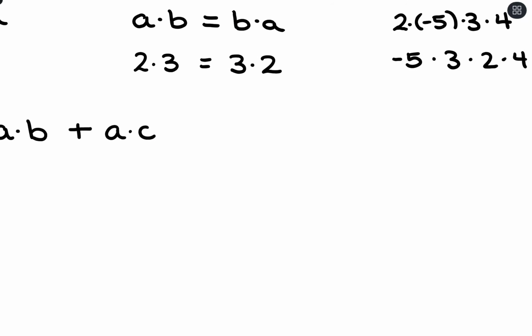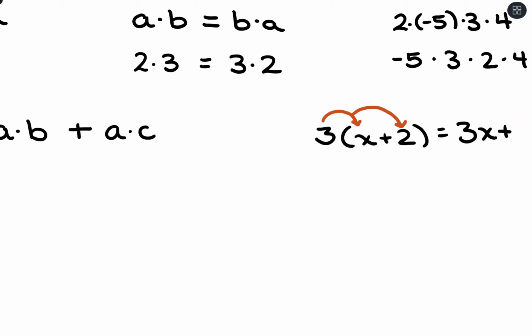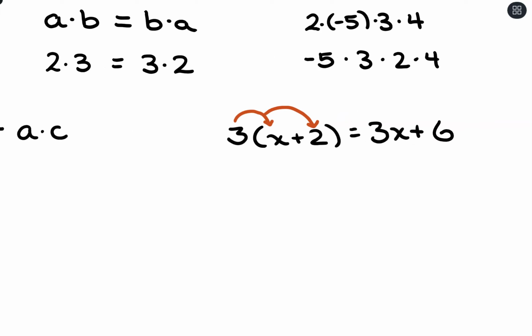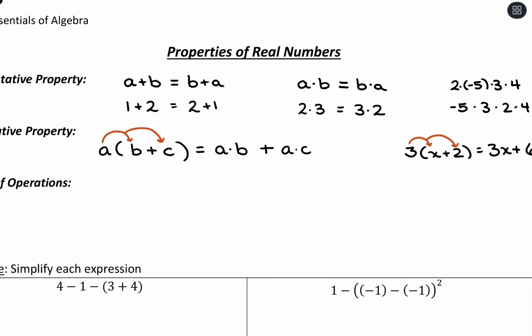For example, if we were taking 3 times x plus 2, we distribute that 3 in, so 3 multiplies with x, plus 3 times 2, which is 6. Absolutely everything got multiplied by 3 inside the parentheses.